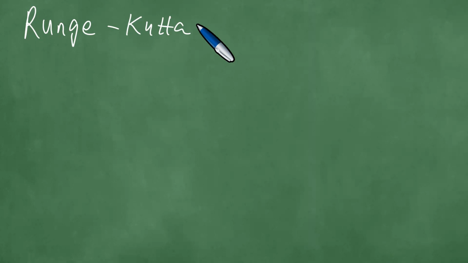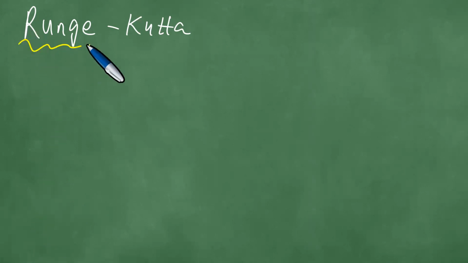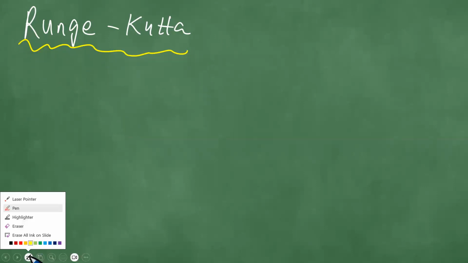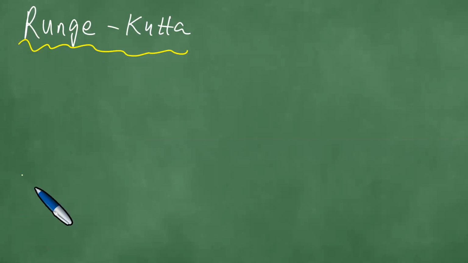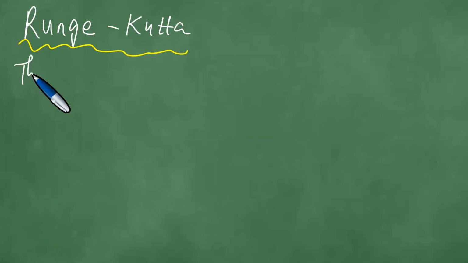Being the most popular for this course, we spoke about Runge-Kutta of order 2 because we said that the modified Euler is Runge-Kutta. So I'm going to write that statement again because I want to speak about fourth order today. The modified Euler, first things first, because we've been speaking much about that.